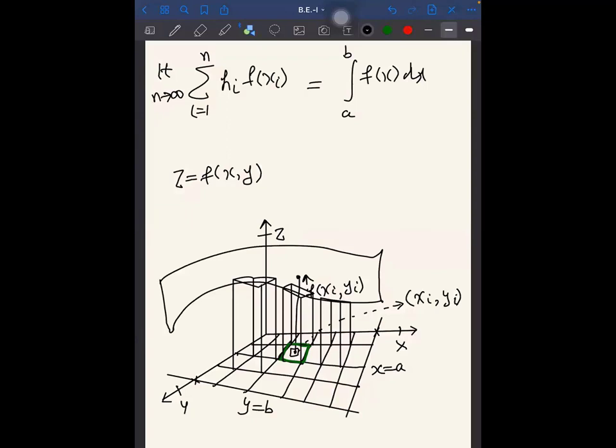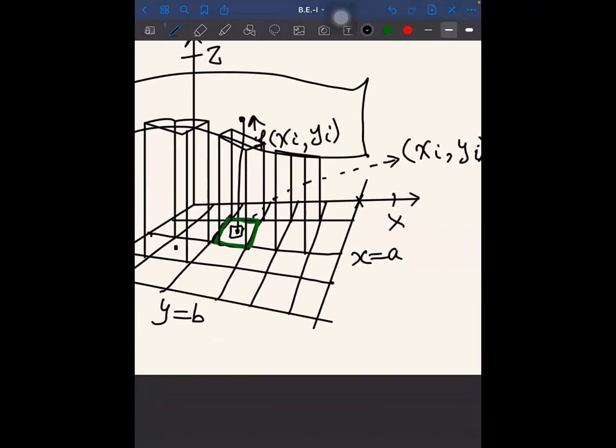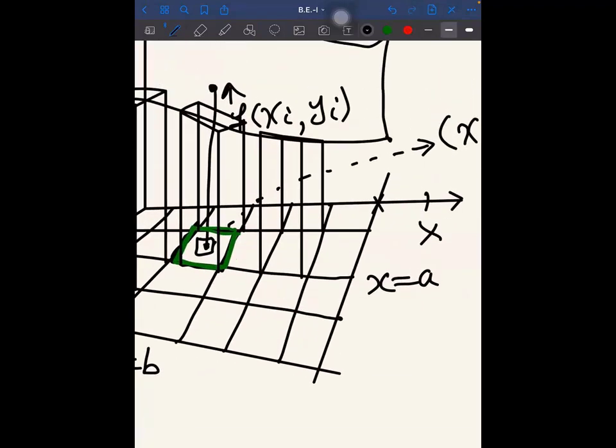So for each rectangle, we'll be finding those heights and then we'll be calculating the areas. So that volume would be what? It will look like summation, k runs from 1 to n, of the area of each rectangle, and we know that the area of any rectangle is delta xi times delta yi.